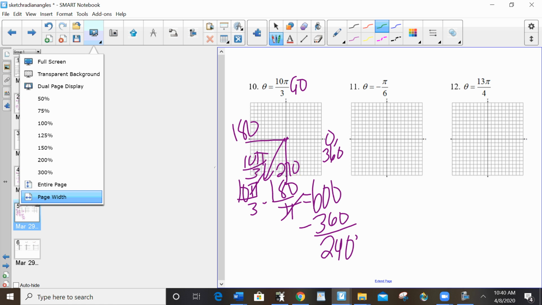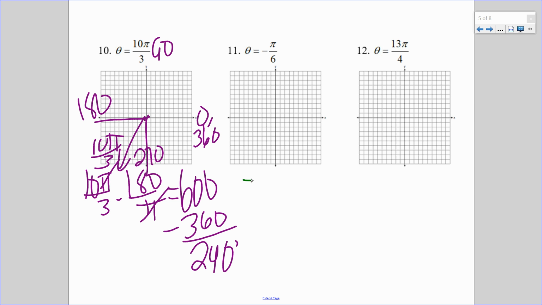Okay, first step is to convert to degrees. So to convert to degrees, I'm multiplying by 180 over pi. Pi's cancel. That's going to give me negative 30. Is negative 30 between 0 and 360? No. So I find my coterminal angle. In this case, I have to add 360 because subtracting 360 is going to make it even smaller.